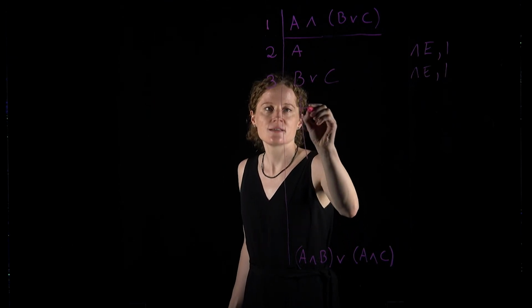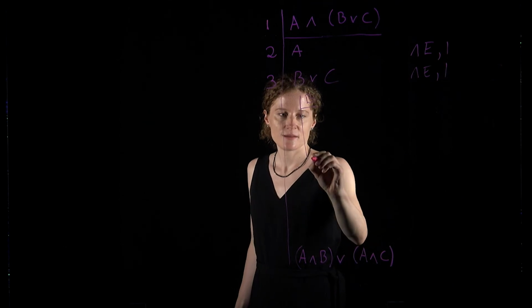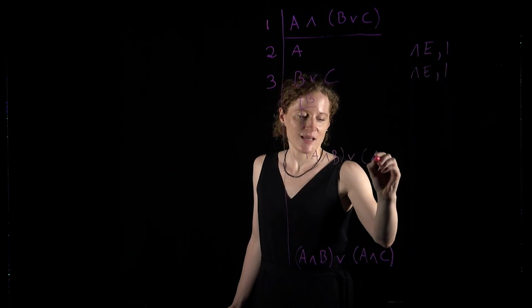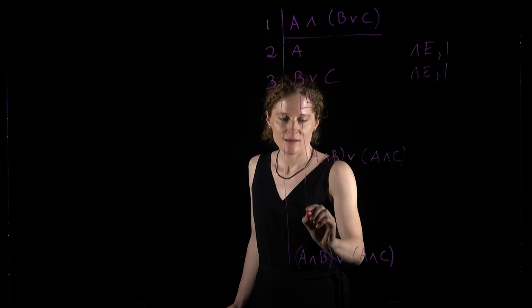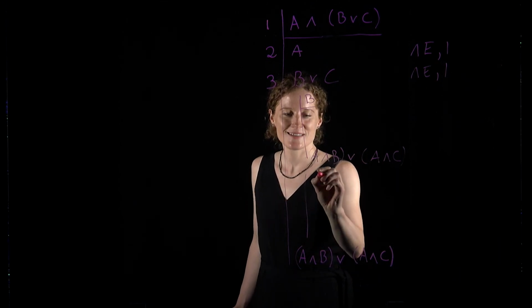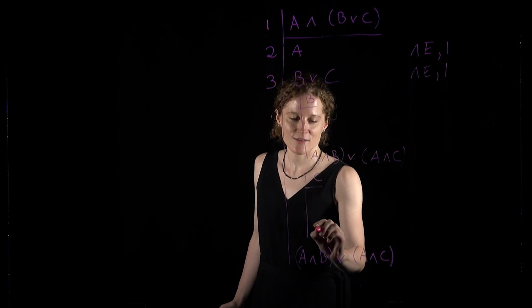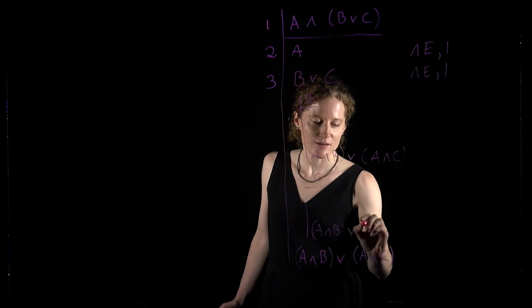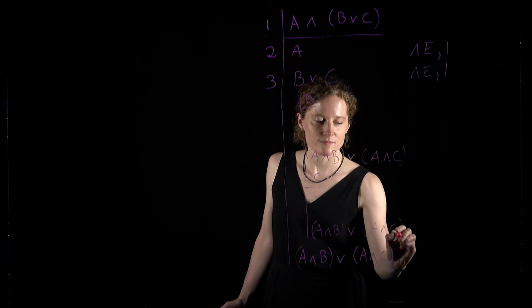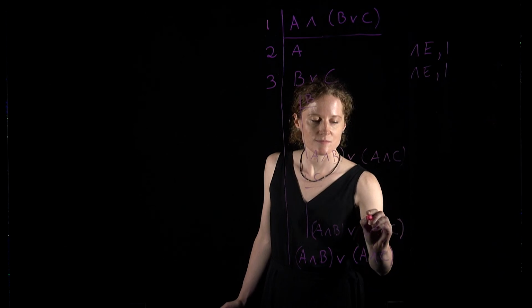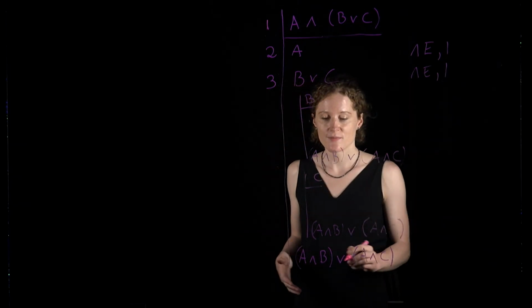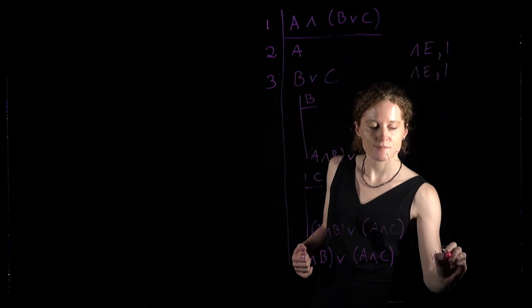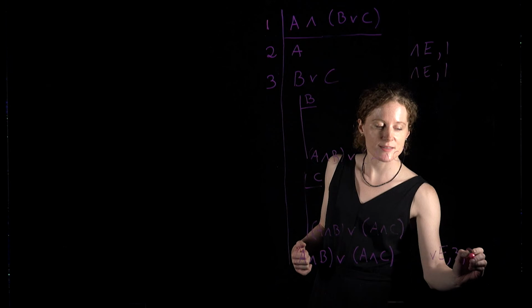So my basic thought is that if under the assumption that B, it follows that A and B, or A and C, and if, likewise, under the assumption that C, it follows that A and B, or A and C, if I'm able to complete both of these subproofs, then I can infer my conclusion citing the rule disjunction elimination and line 3 as well as the two subproofs.